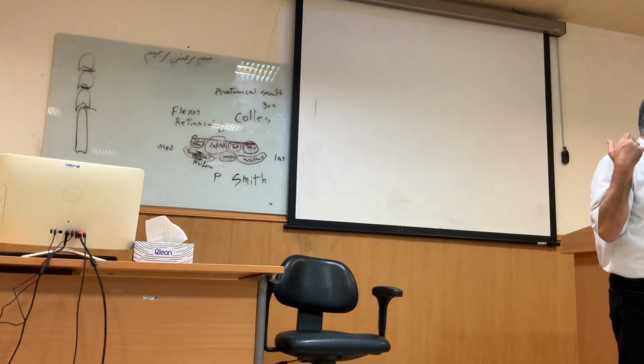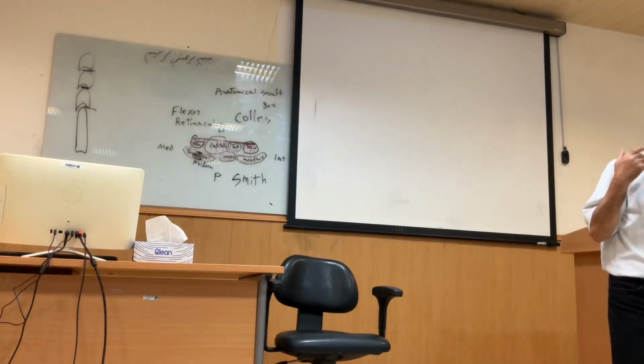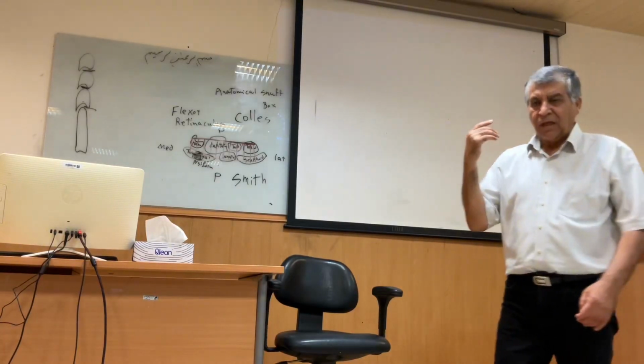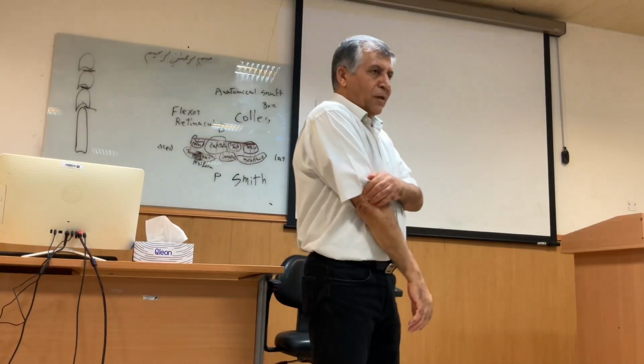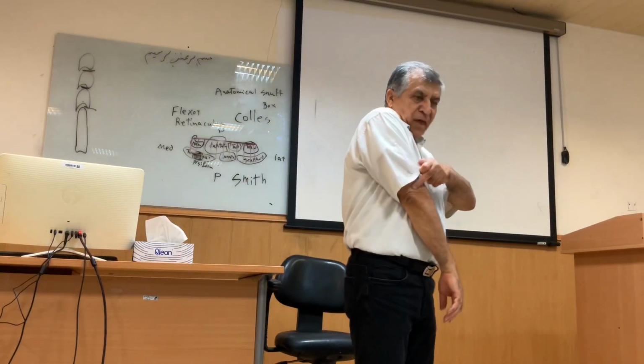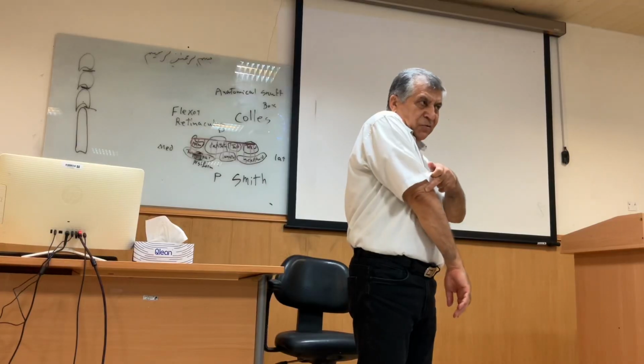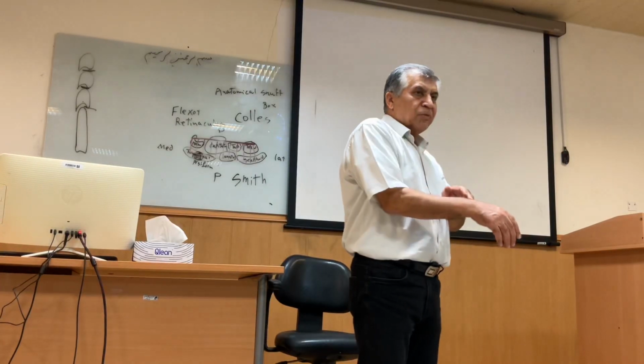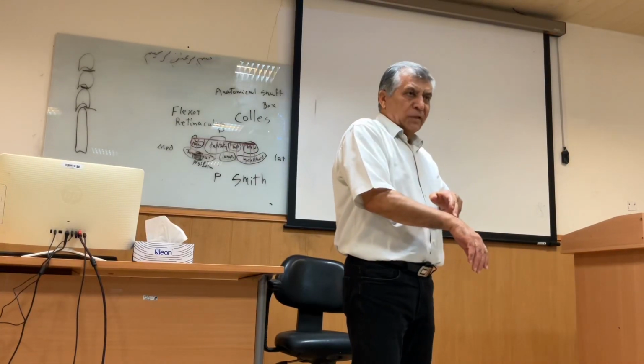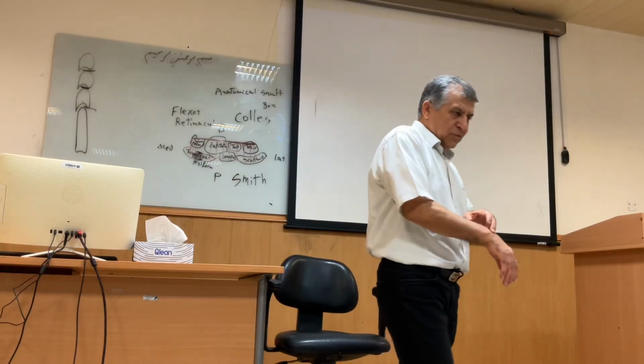Full flexion. Which parts of the radius are palpable? The head of the radius, styloid process, dorsal tubercle.